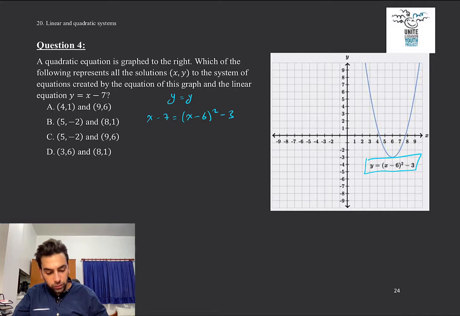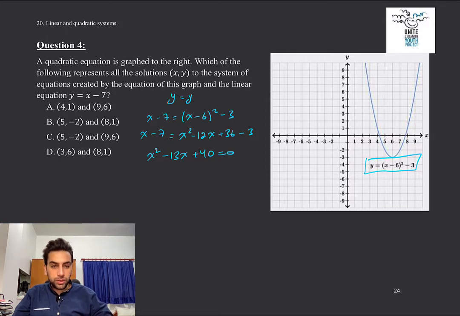Now distributing (x minus 6) squared, you will get x squared minus 12x plus 36 minus 3, and on the other side you have x minus 7. Taking everything to one side, you will be left with x squared minus 13x plus 40 equals 0, which can be factorized into (x minus 5) times (x minus 8) equals 0.